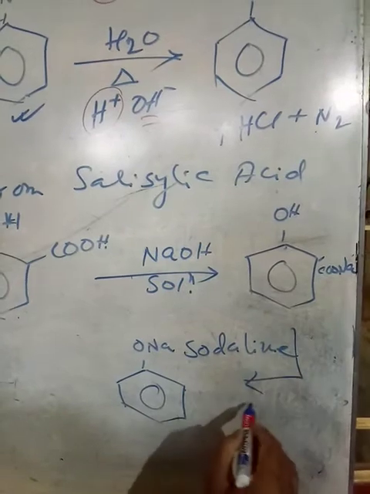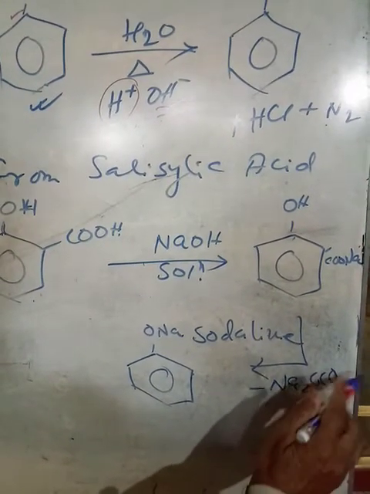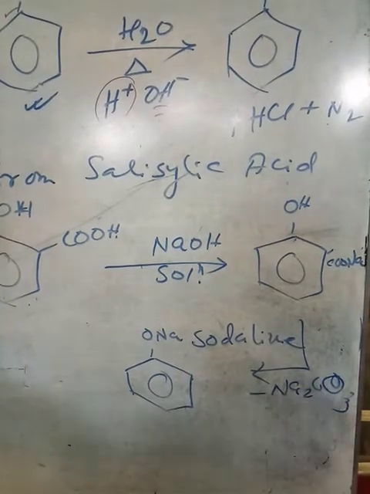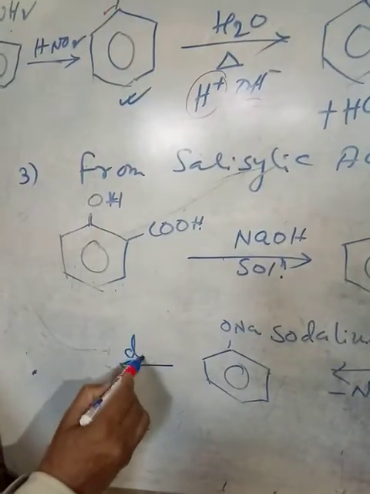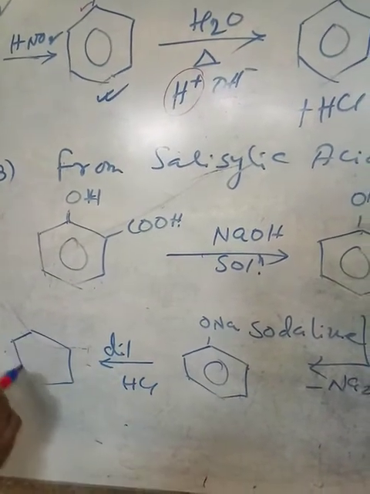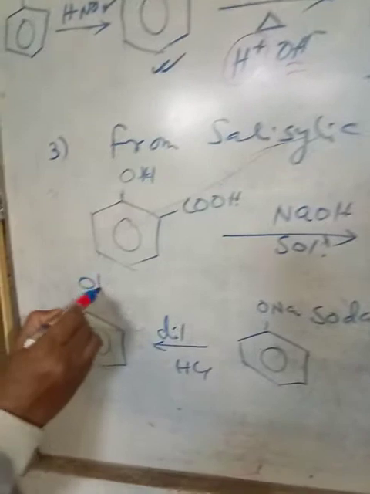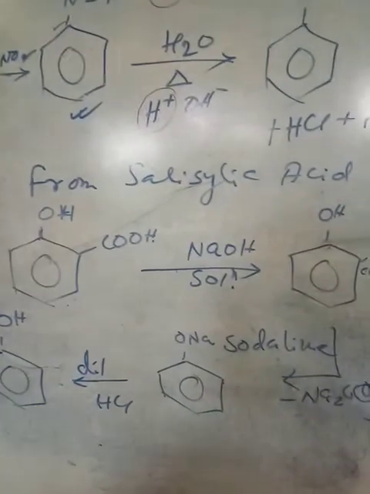This COONa will undergo decarboxylation, and sodium carbonate molecule will be eliminated. Then with dilute HCl, you will get phenol. This is from salicylic acid.